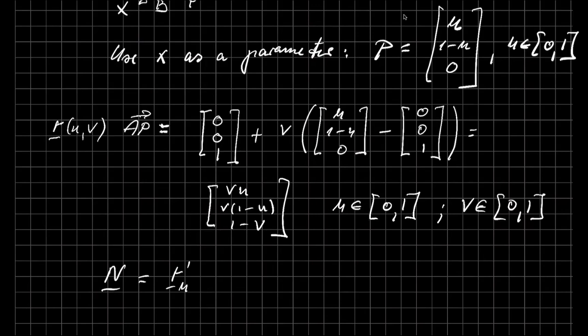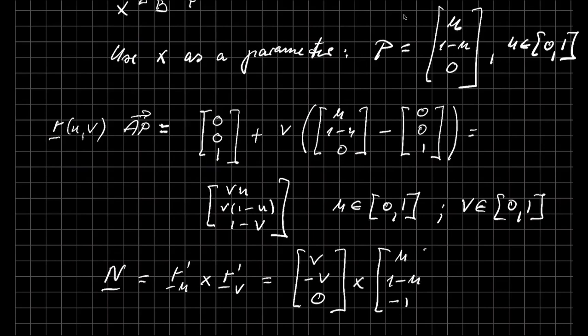I differentiate with respect to u and get v, minus v, and 0. Then I cross this with the derivative with respect to v, where I get u, 1 minus u, and minus 1.